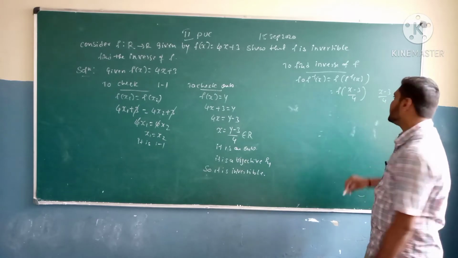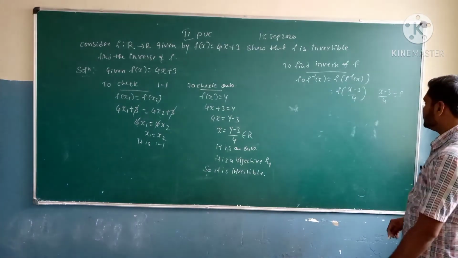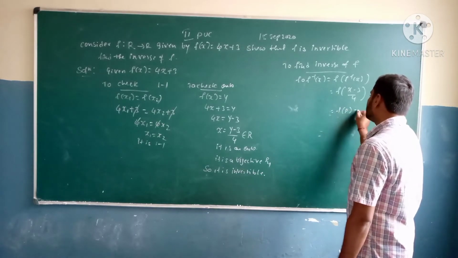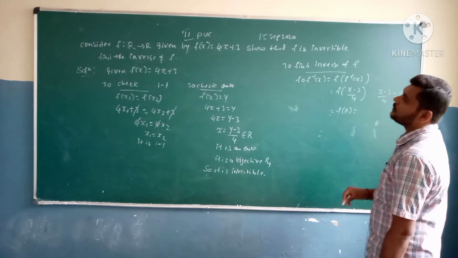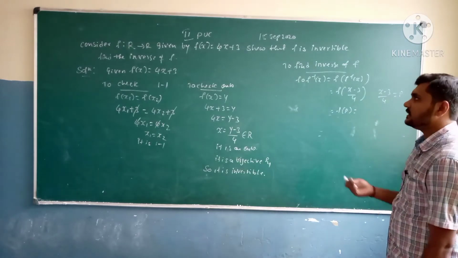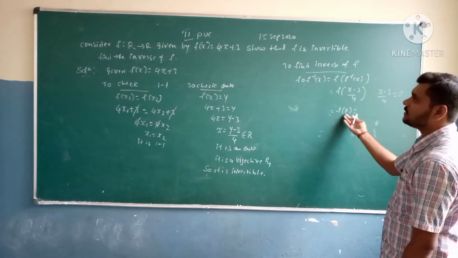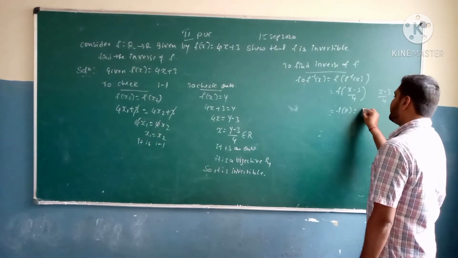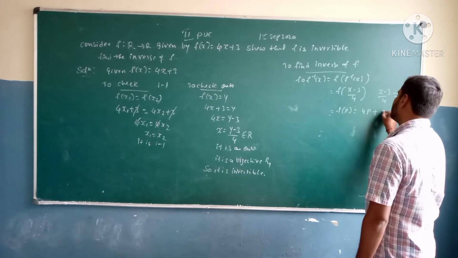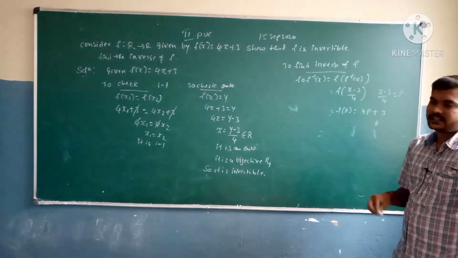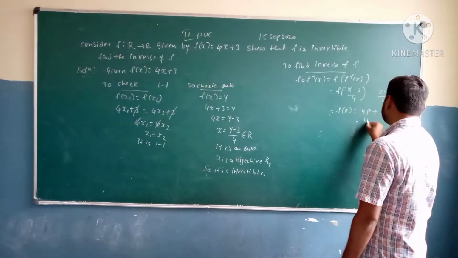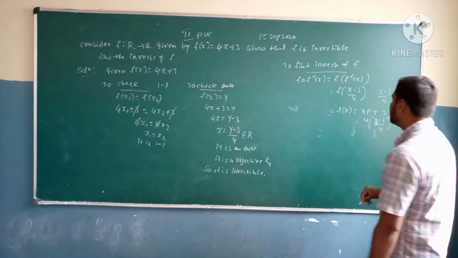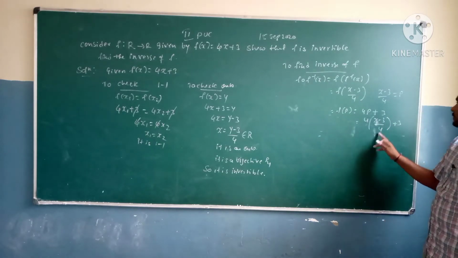So what am I doing with p? I am assigning it. So it is going to be f of p. So we know that f of x is equal to 4x plus 3. So in the place of x we are giving p. So giving the p value, that's going to be 4p plus 3. What is 4p? 4p means 4 into x minus 3 divided by 4, plus 3.